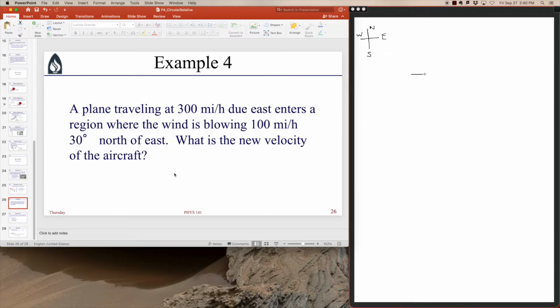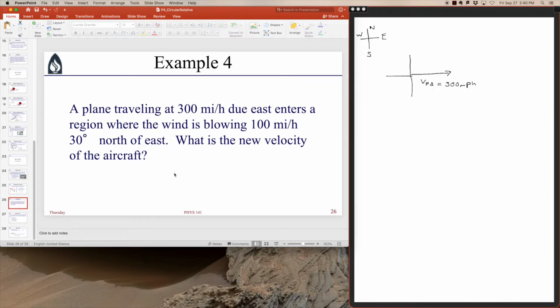So here's my coordinate system, and the velocity of the plane with respect to the air, that's equal to 300 miles per hour. And that is due east, and that's how the plane would be flying if there were no wind.